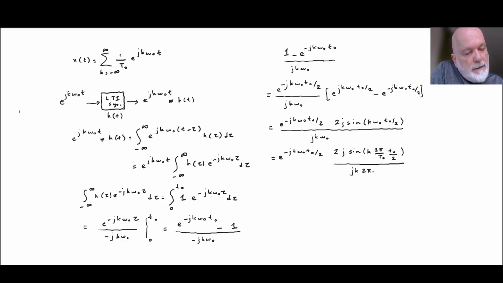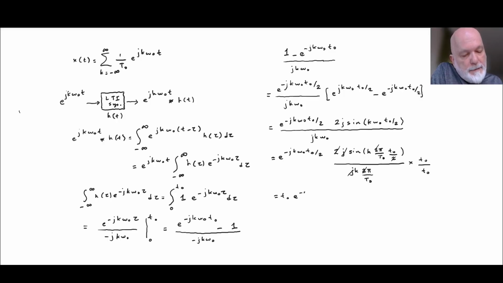Okay, we can write 2 pi over t0 instead of omega 0. And then we just do the following trick: multiply and divide by t0. Now these 2's will cancel out here, and this 2 will cancel out with that 2. This j will cancel out with this j, and we have, let us write down t0 at the beginning.